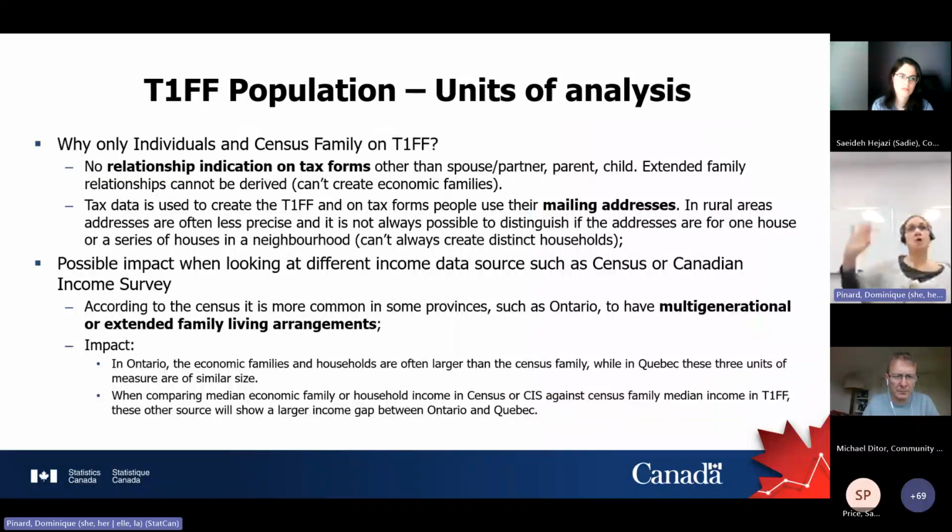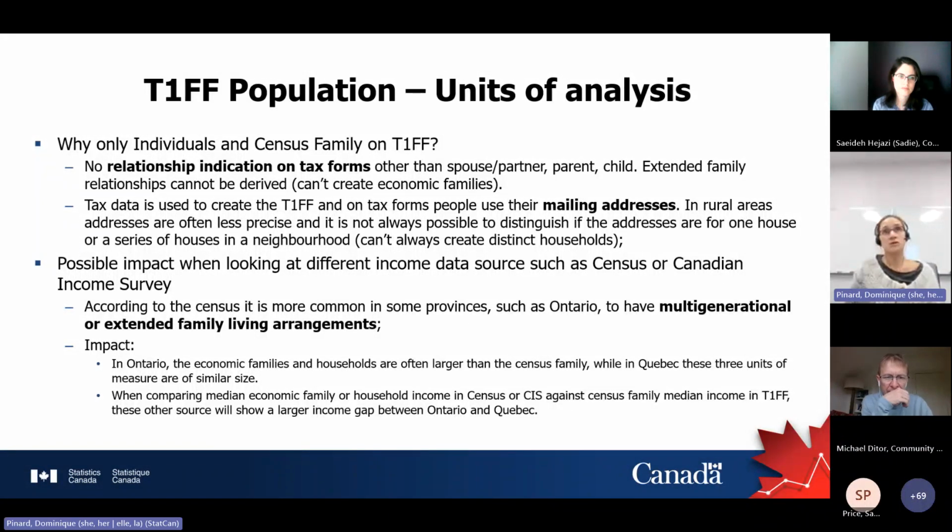So quickly, just a review of what I discussed. On the TIF, we are talking about individual and census family. And the reason why we're only addressing the census family and we're not going to households or economic family, like I introduced just earlier, is because we don't have enough information about relationships available on the tax data.